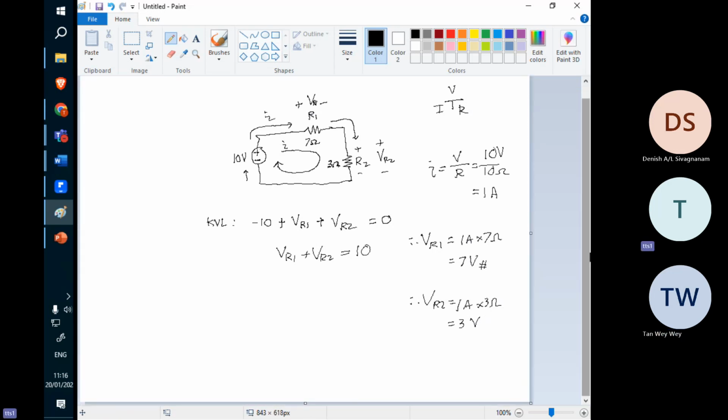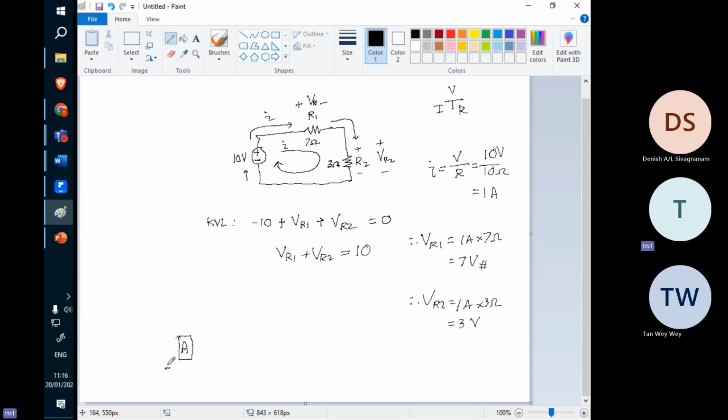Okay, let's do it the other way around. Right now, you try to hide this one from the user. We just draw a box. We call this box A. And then we reveal the polarity to the user.